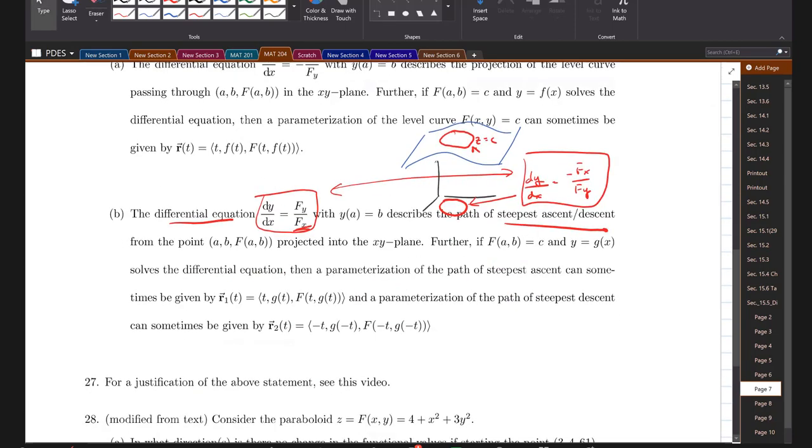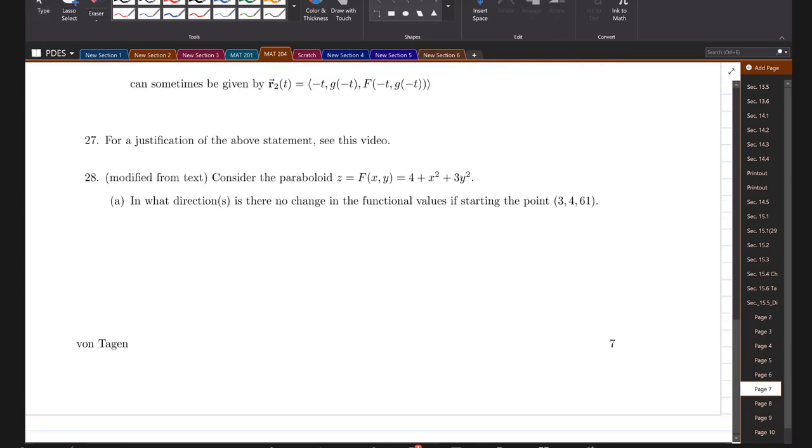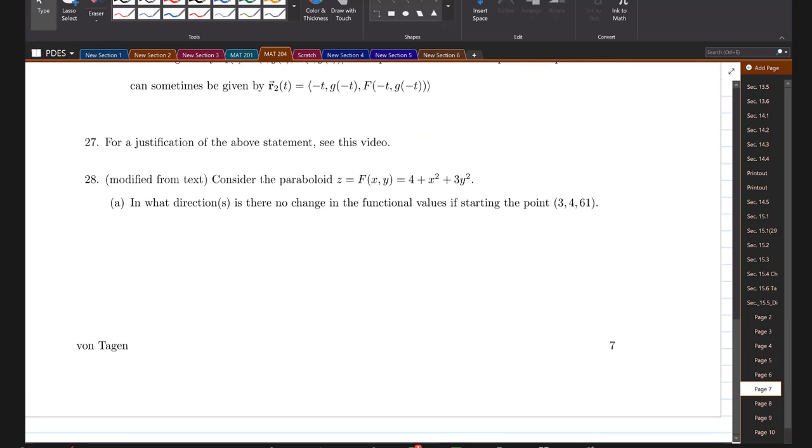So let's go ahead and try this real quick. So to Phoebe's question earlier that I was having a hard time answering because it really just depends on the question, here's an example where I say, in what direction should you go so that there's no change in your functional values, your z values? Okay?